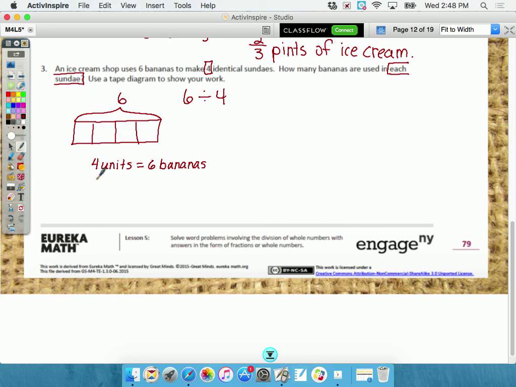Okay, and what am I trying to figure out? 1 unit. 1 unit, good Adele, 1 unit equals 6 divided by 4. And Rudy is saying, wait a minute here, 6/4 can be simplified.